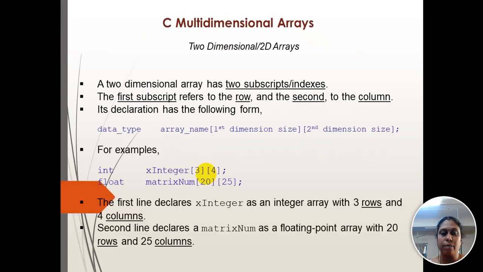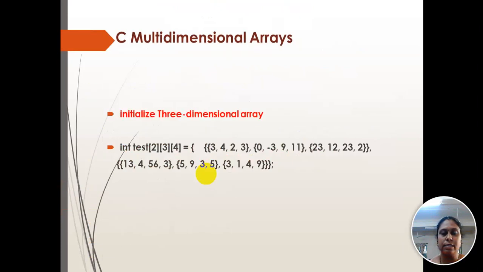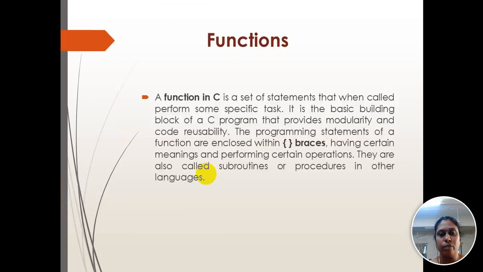It is a two-dimensional array. Similarly, we can declare a three-dimensional array like int test of 2, 3 and 4. Here 2 represents the row, 3 represents the column, and 4 represents the number of values in the particular row. So that covers arrays in C programming, and now we move to the functions concept.